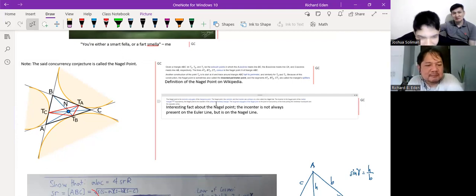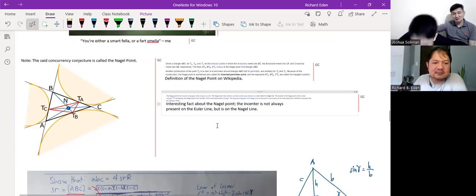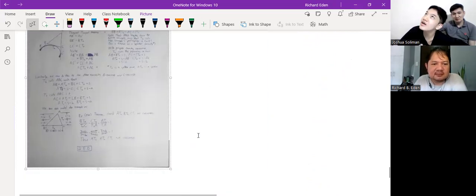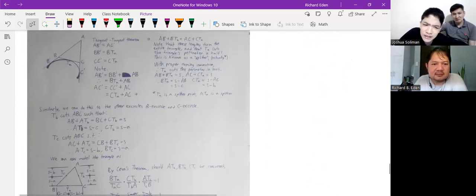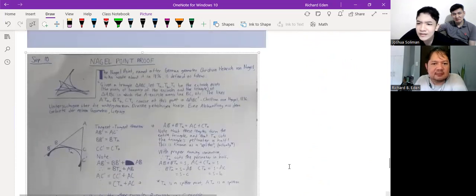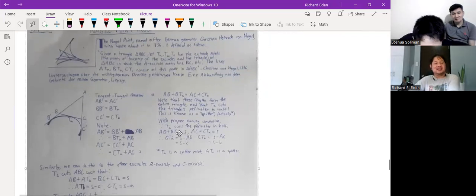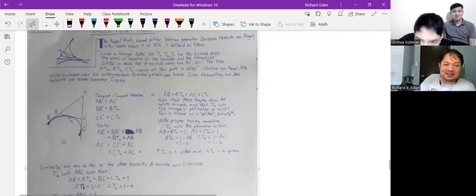The vertex and the opposite X touch point splits the triangle's perimeter in half. Splitter, yes. The splitter thing. That's a nice property that the splitter does.